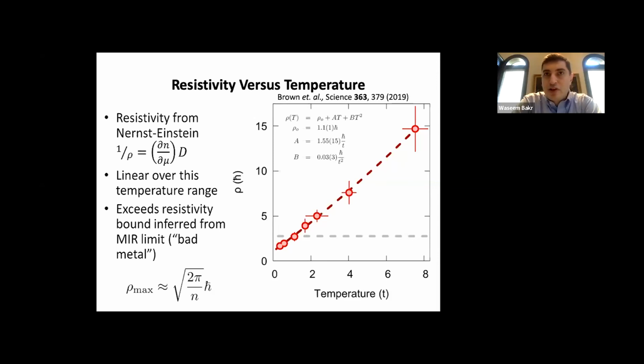This is something we still don't understand the microscopics of, but now we have hope of understanding it, because with this quantum simulator, as you saw in the pictures, we can extract single site quantities. So not only can we do something like condensed matter, measure resistivity, we can also probe the microscopics and try to understand what's going on.